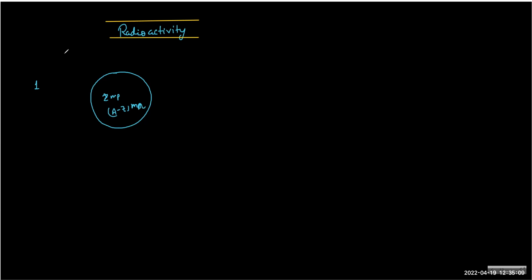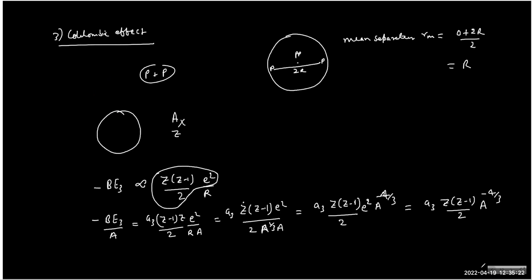For example, if we have a nucleus with too many protons, then which effect will be bad for the nuclei? Surface effect, right? Coming back to this, if you bring in too many protons, then the Coulombic effect is very bad. It will decrease the binding energy drastically.